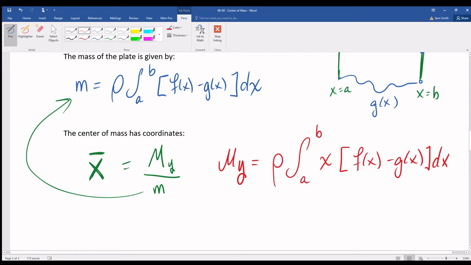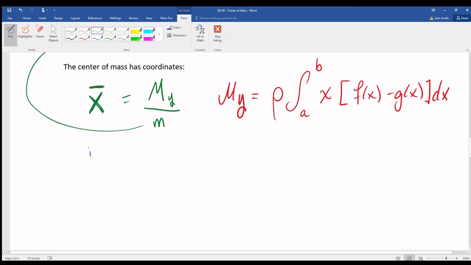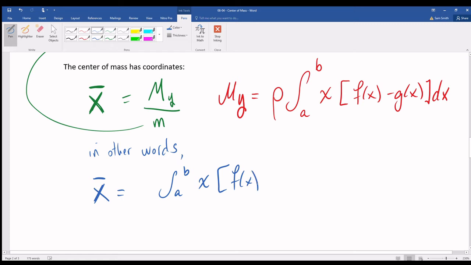So in other words, if you would like to find the x-coordinate of the center of mass, you can take x bar, and that will be equal to the integral from a to b of x times f of x minus g of x.